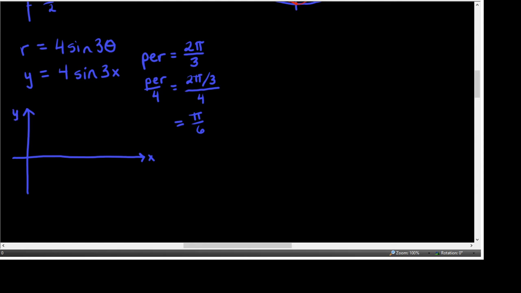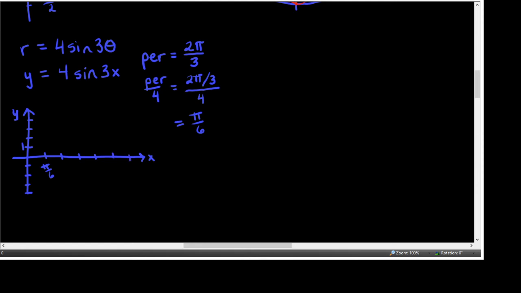Make sure that you're going to be able to go above the baseline, the amplitude of 4. So make at least 4 marks on the y-axis in both directions. And then every mark on the x-axis is going to be spaced pi over 6 apart from the others. So every one of these represents another pi over 6 that we're moving.